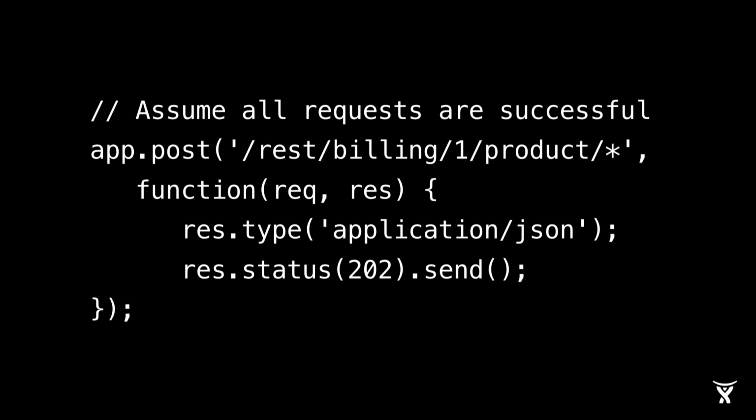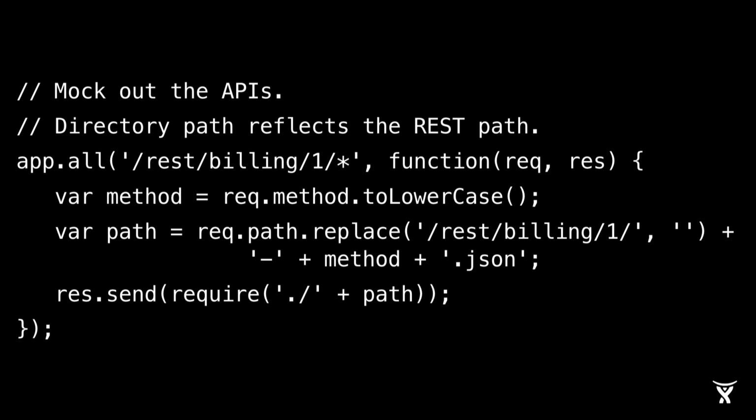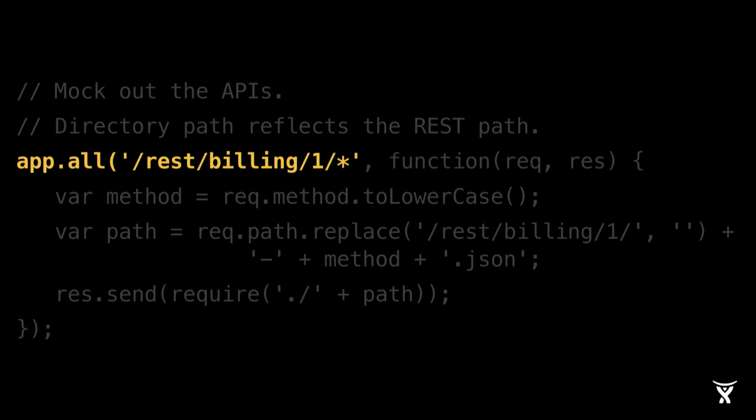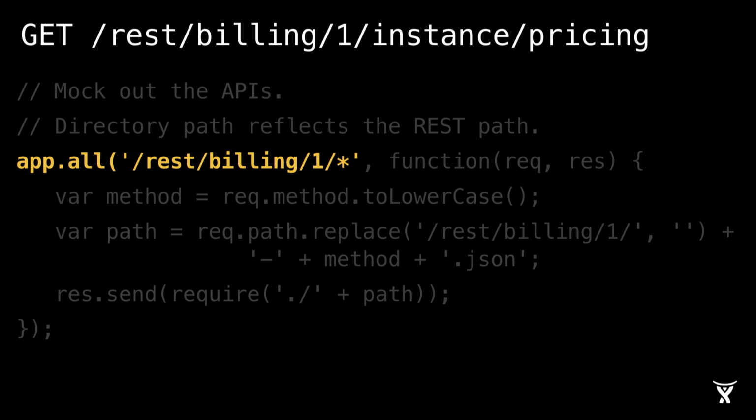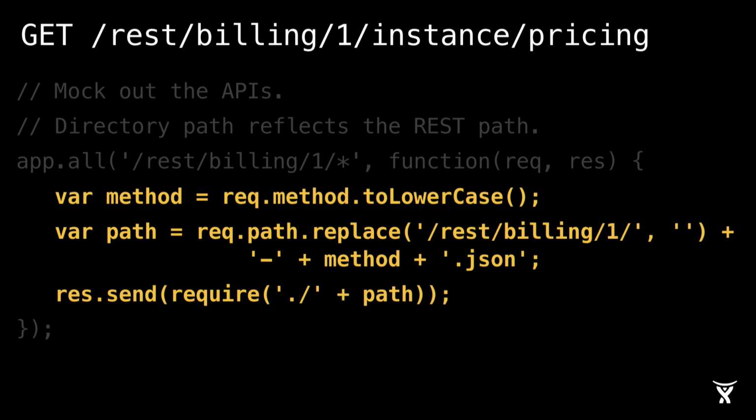It just made sure it returned a response. The second route that it handled is a bit more complicated. And that's because this actually handled every other API that we depended on for our billing UI. Basically any request that matches this URL will fall into this particular route handler. So if you made a GET request to the instance pricing URL, it would fall into this handler, and three things would happen.